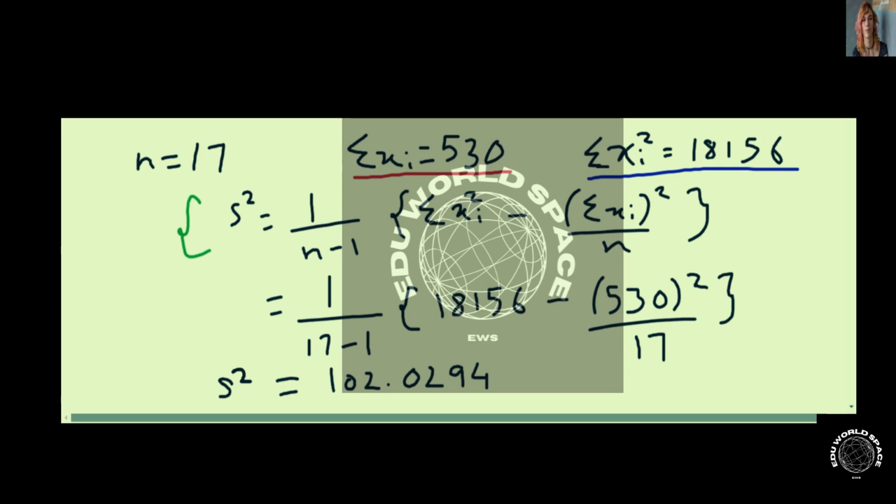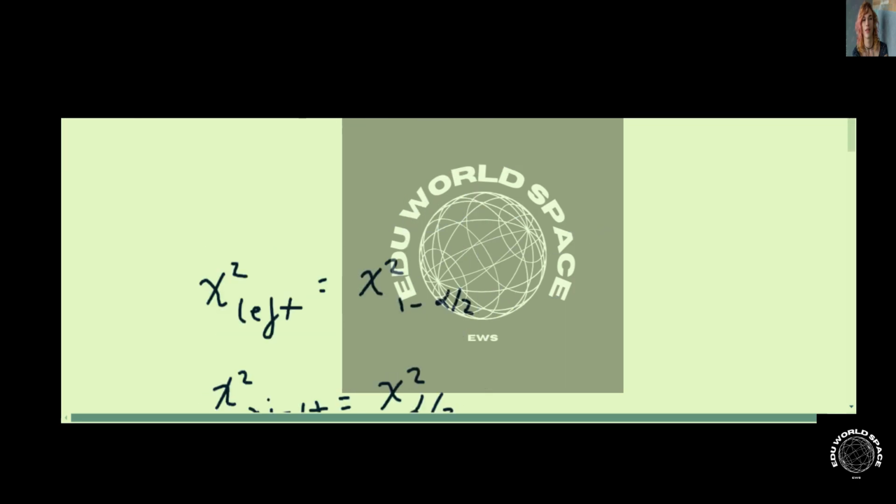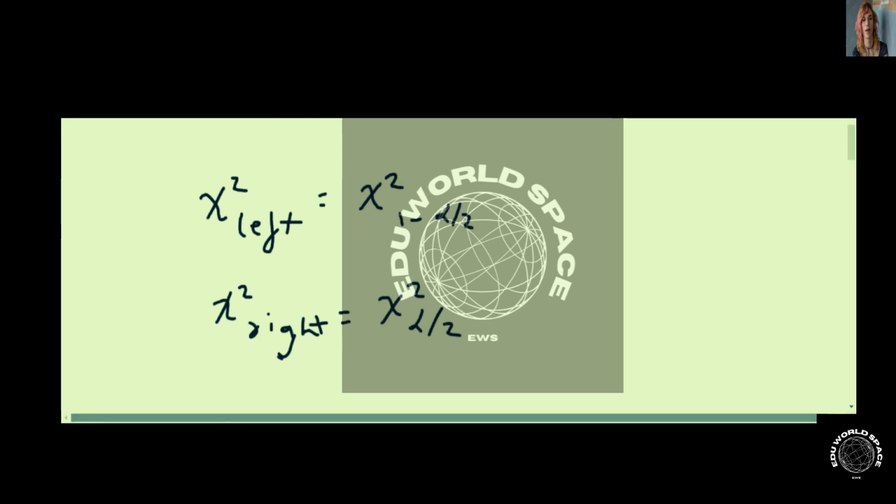Now the second thing we do is find the critical values using table G. The critical values are chi-square left and chi-square right values. Here I've written chi-square left is nothing but chi-square 1 minus alpha by 2 value, and chi-square right is chi-square alpha by 2 value.